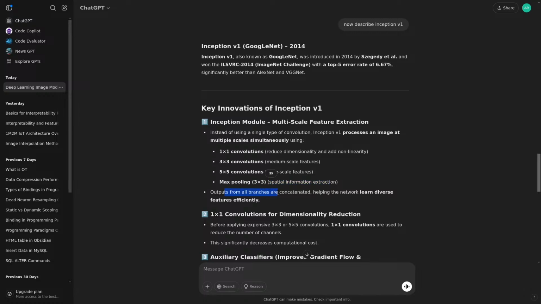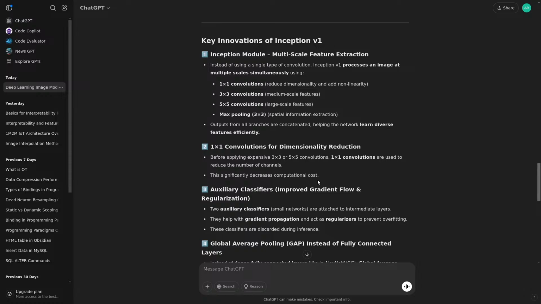Outputs from all these branches are concatenated, helping the network learn diverse features efficiently. Okay, that's kind of cool.